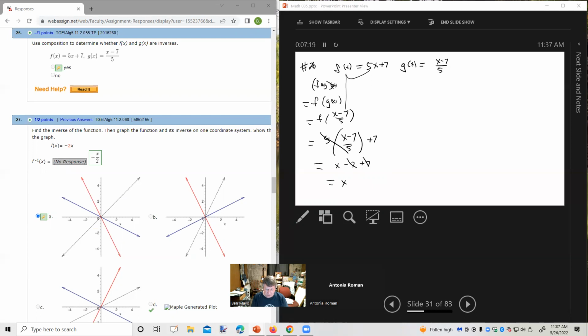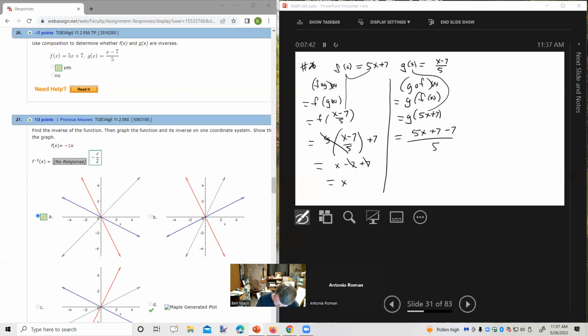Any questions about that process so far? No. All right. G composed with f of x is g of f of x, which is g of 5x plus 7. And then we're going to put that into the g. So we're going to get 5x plus 7 minus 7 all over 5.